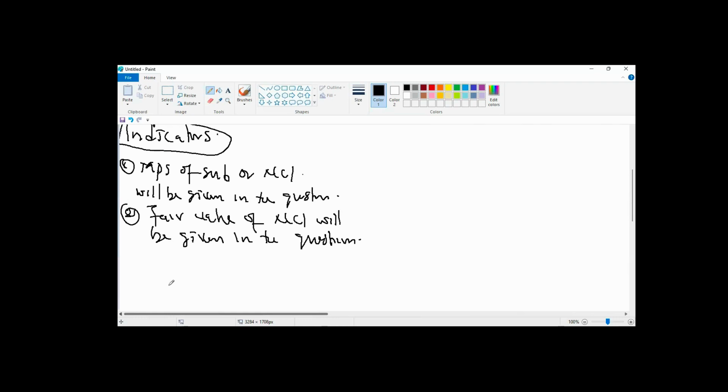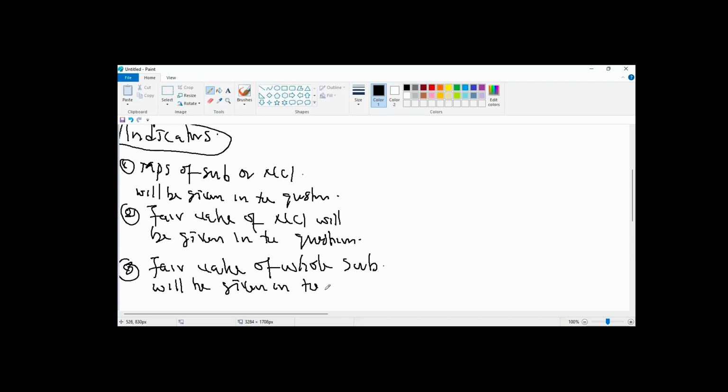The third one: fair value of all subsidiaries will be given in the question.